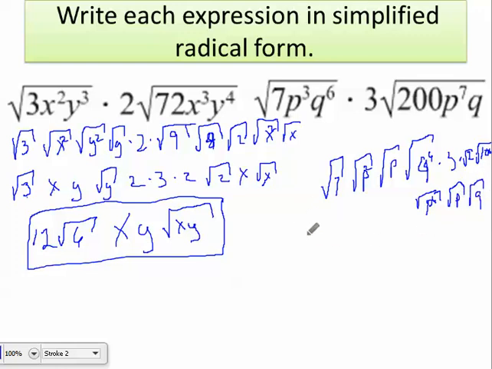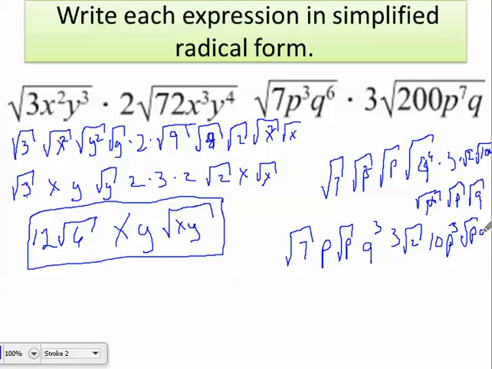Okay? So writing them down, square root of 7, p, square root of p, q to the 3rd, 3, square root of 2, 10, square root of p to the 3rd, square root of p and q. Well, I've got two p's underneath it, so that's going to come out as 1p. I can see that one already. Multiplying my numbers together, I got 3 and 10.